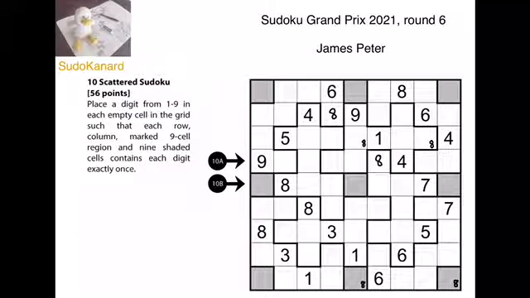In this region, 8 is not here because of those, not here, not here, not here, not here. So it has to be in one of those 2 places.